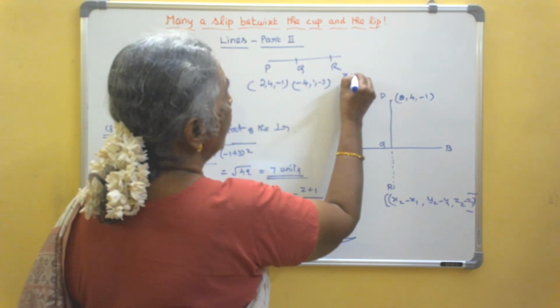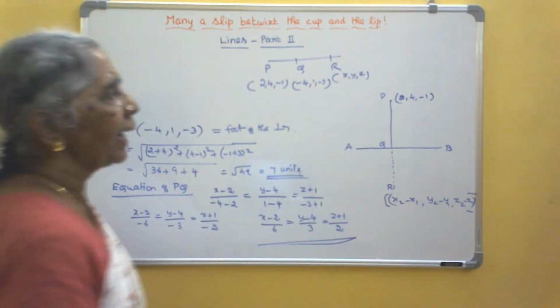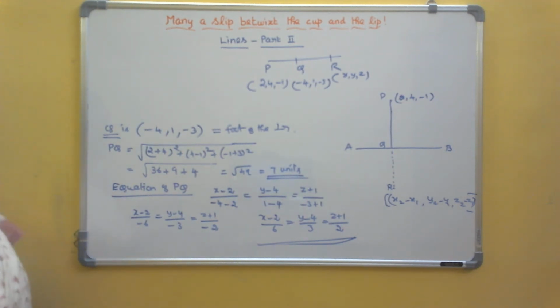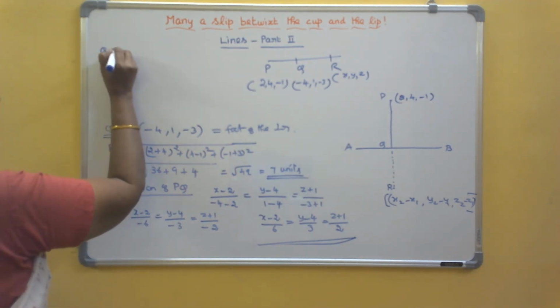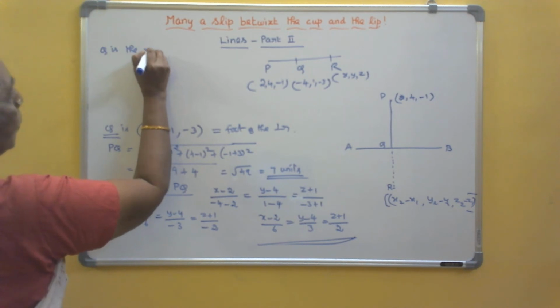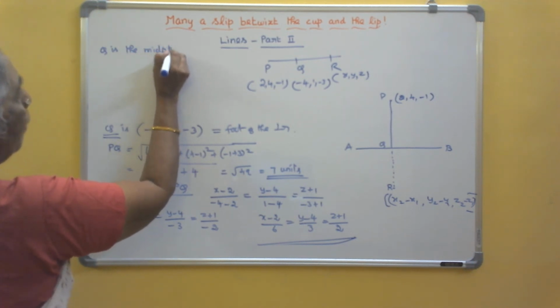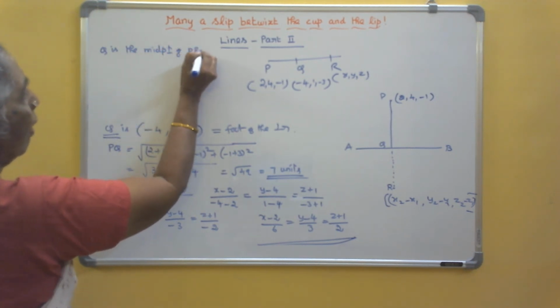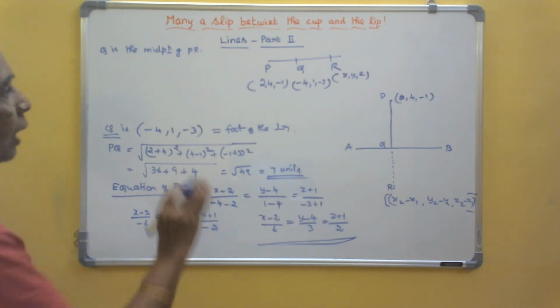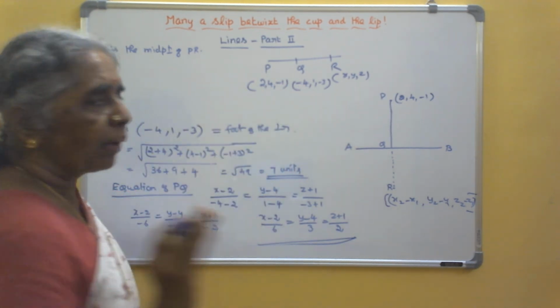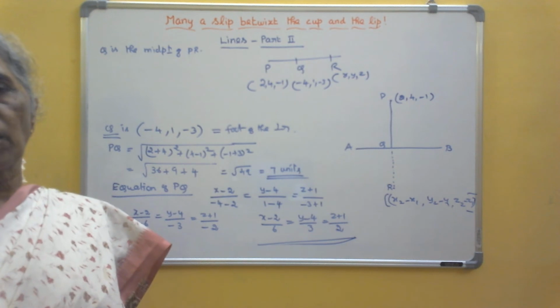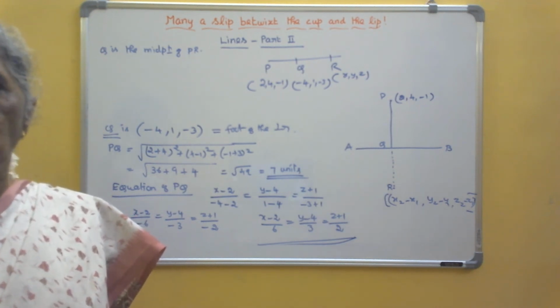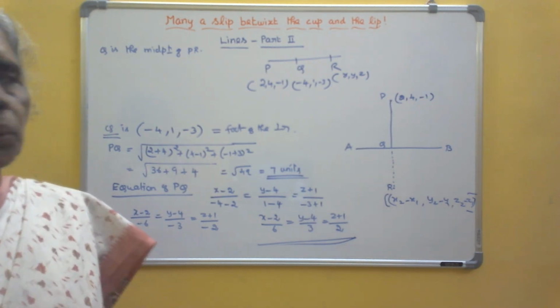I don't know R. I will take it as some (X, Y, Z). Now you know Q is the midpoint of PR, right? So now we can write the midpoint formula, (x1 plus x2) by 2, (y1 plus y2) by 2, (z1 plus z2) by 2.